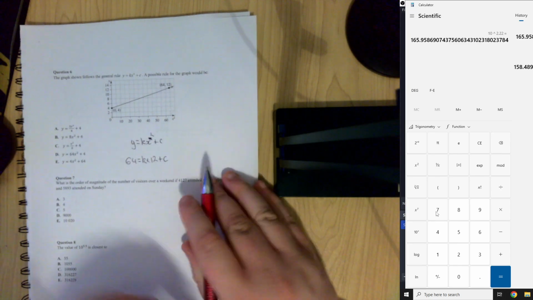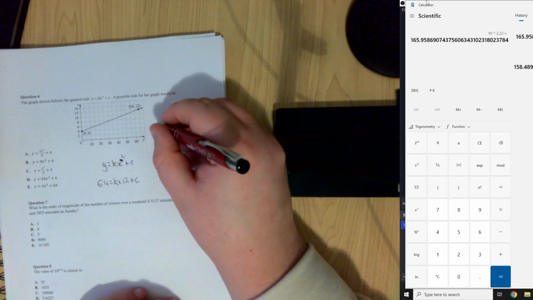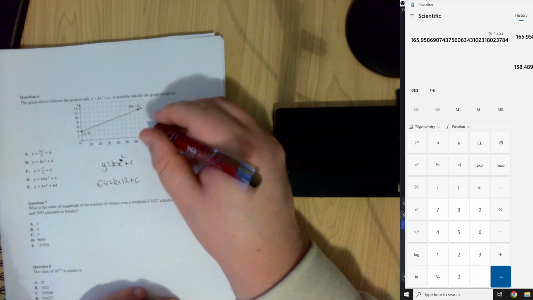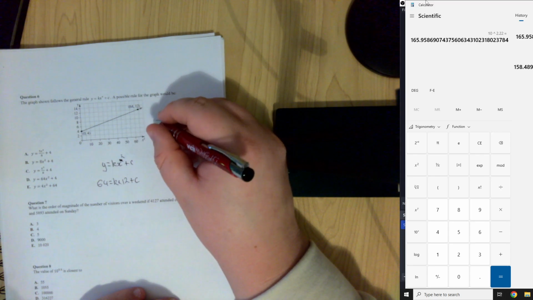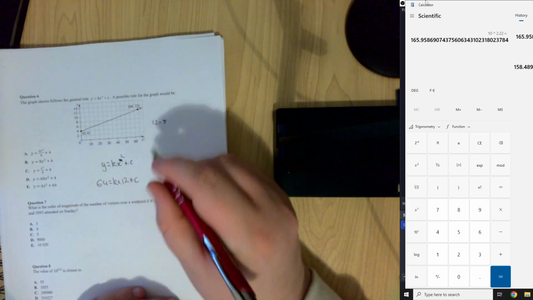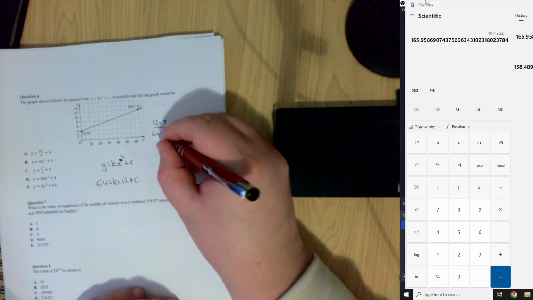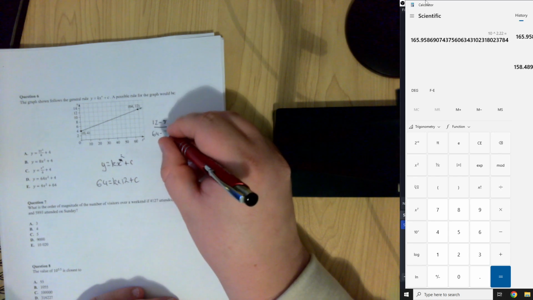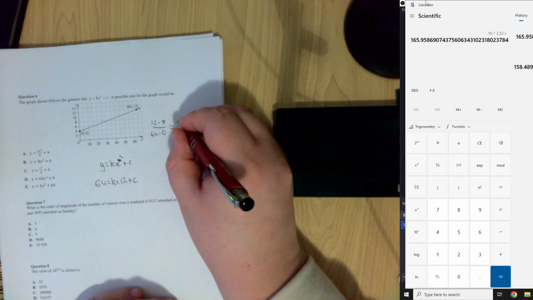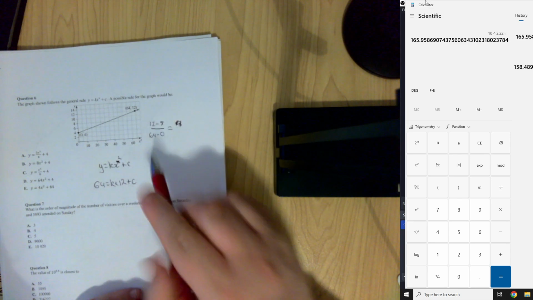To find k, I would have to solve for gradient. So I'll do that now. So y2 being 12 minus y1 being 8 over x being 64 and 0, which would give me, what does this give me?